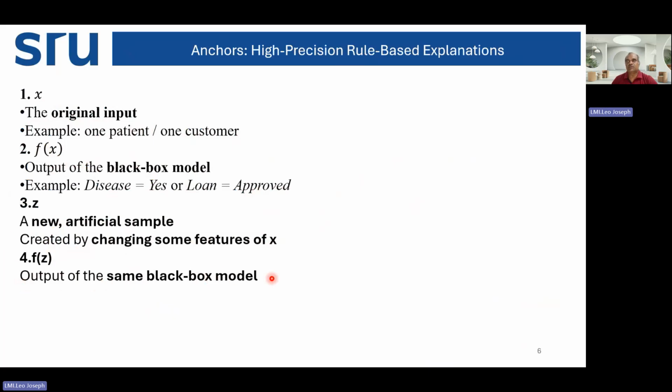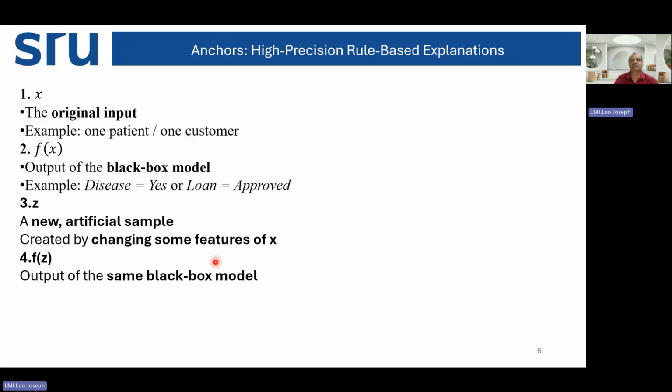The same synthetic sample we present to the black box model, so that the actual prediction and the synthetic prediction value will be more or less the same along with the condition.